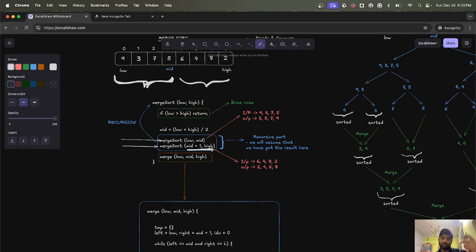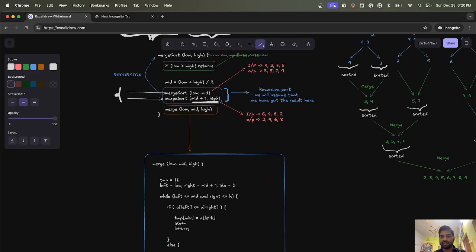So I'm assuming that this call will make the first half sorted and will make the second half sorted. Now, here I have got the two parts as sorted. Now, what I want is to merge them. So that is why I'm going to this merge algorithm.